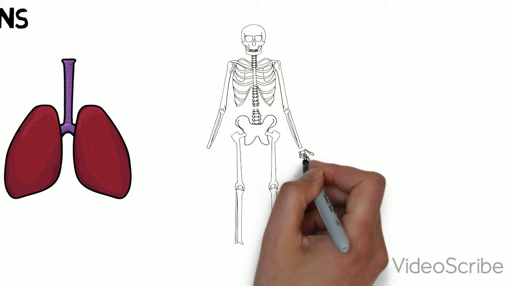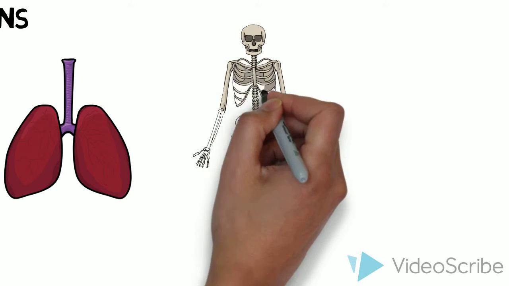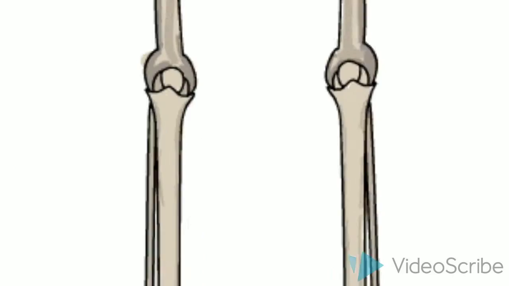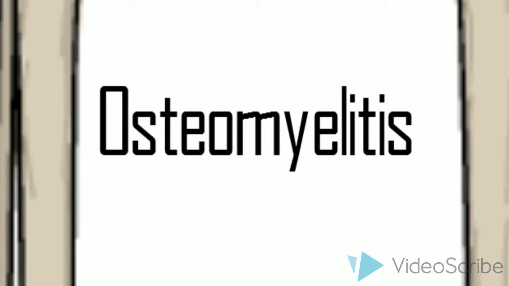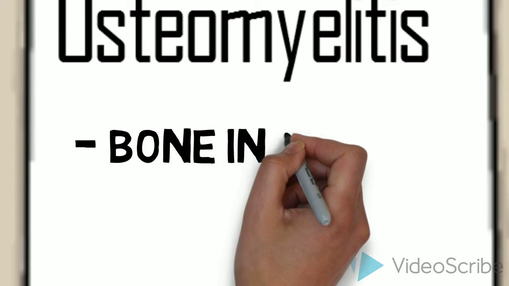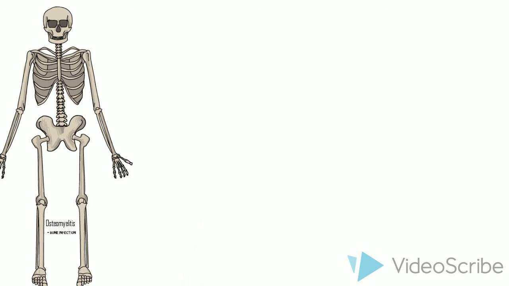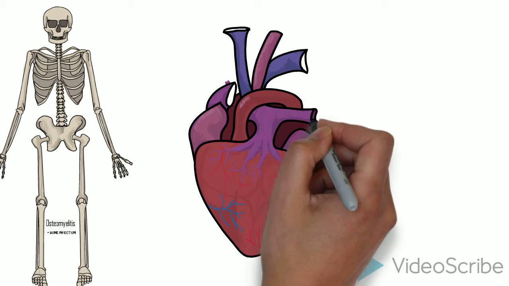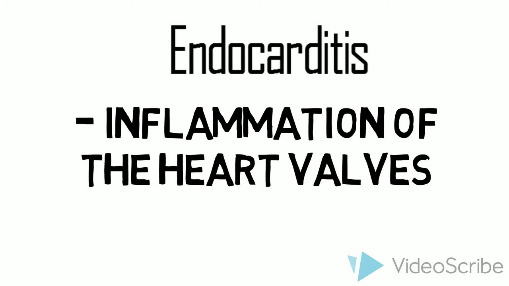The skeletal system can be affected as well and can develop conditions such as osteomyelitis, which is an infection of the bone. Lastly, the heart is also at risk of disorders such as endocarditis, inflammation of the heart valves.